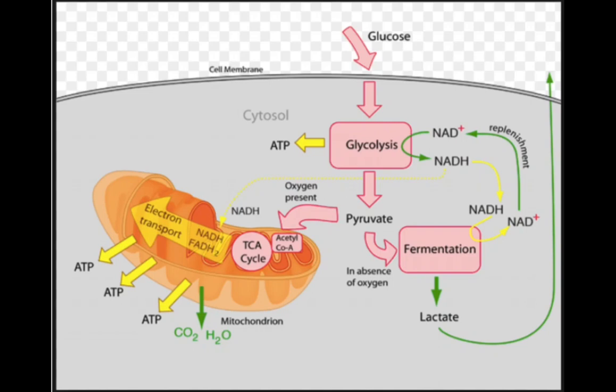So glycolysis takes place in the cytoplasm. It's that initial step to producing energy, but then the actual Krebs cycle and ATP production, the majority of that ends up taking place in the mitochondria. The Krebs cycle is producing NADH and FADH2, which end up being utilized for the electron transport chain to produce ATP.